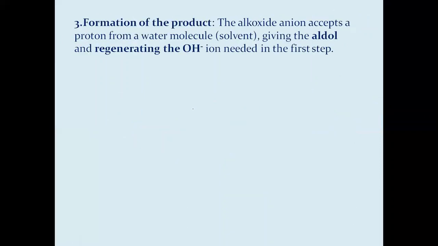Next, coming to the last step, how the formation of aldol takes place. In the second step we have the product O minus, CH2, CHO, which we obtained in the previous step itself.